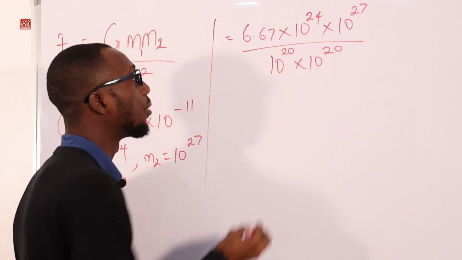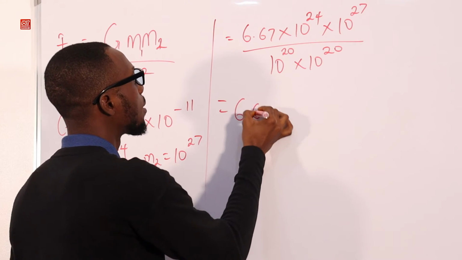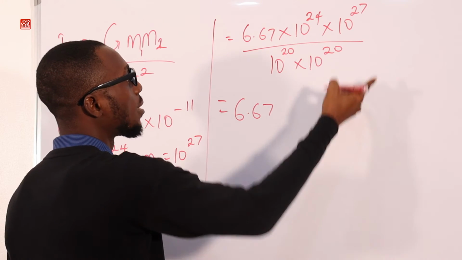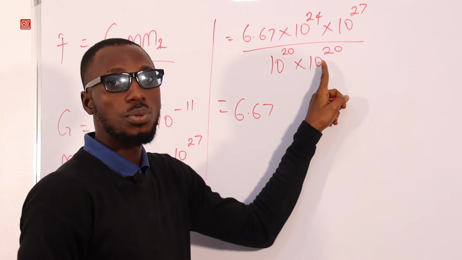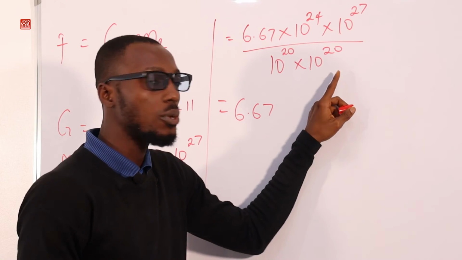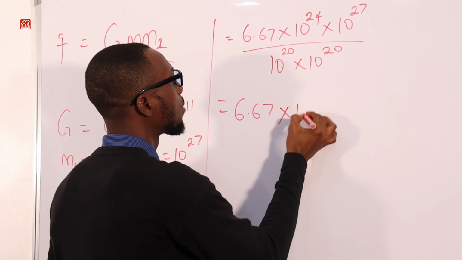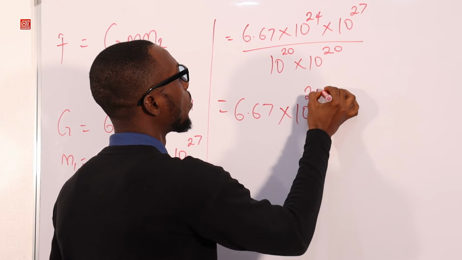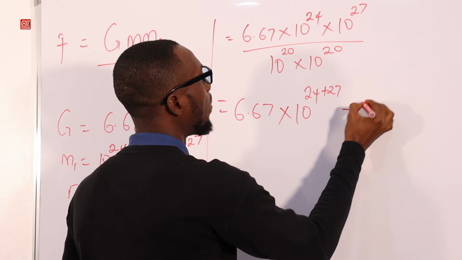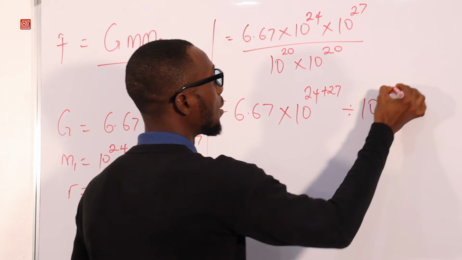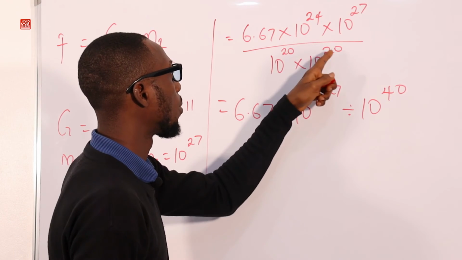Remember, when you are working with standard form, 10 raised to the power 20 times 10 raised to the power 20 is 10 raised to the power 20 plus 20, that is 10 raised to the power 40. So we have times 10 raised to the power 24 plus 27, divided by 10 raised to the power 40.